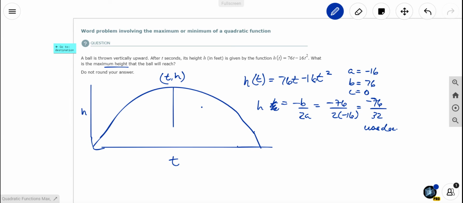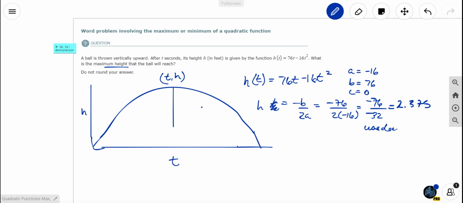Okay, so here we go. It's negative 32, and it was 2.375. All right, 2.375 is the time where it happens. After 2.375 seconds, that's where we get our highest height.